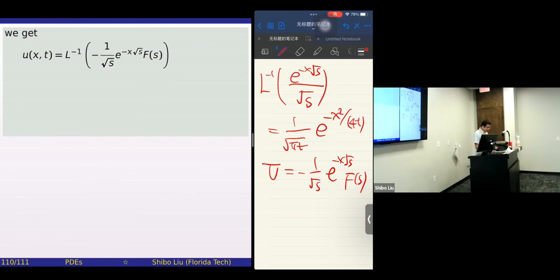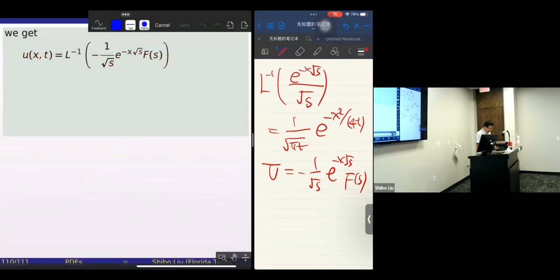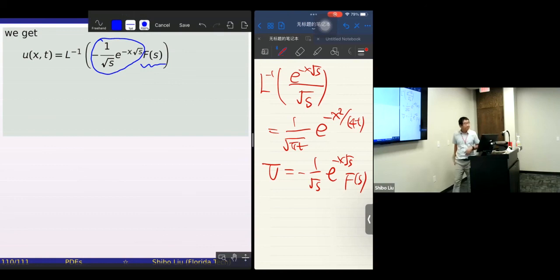The capital U here is the product of this function and your F. So we apply the property again: the Laplace inverse transform of the product equals the convolution of their Laplace inverse transforms. You invert each, you get functions of t, then taking their convolution gives the inverse of their product.